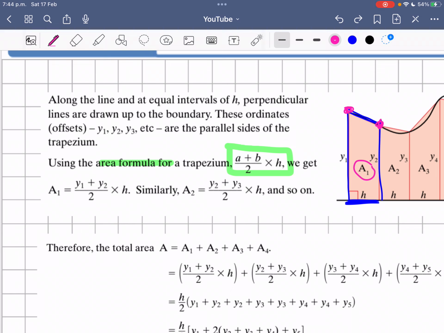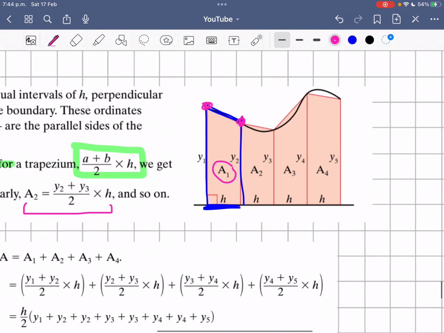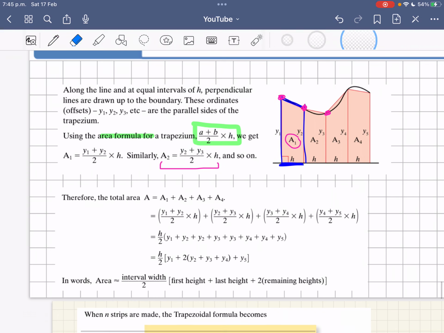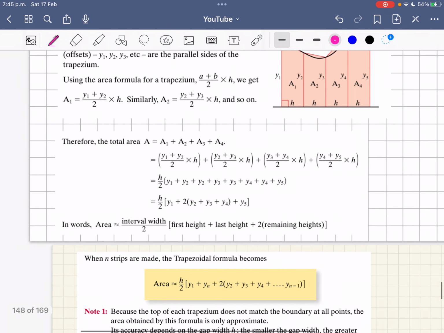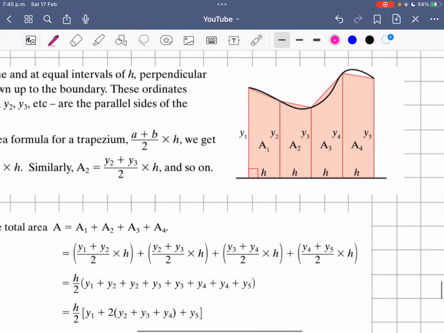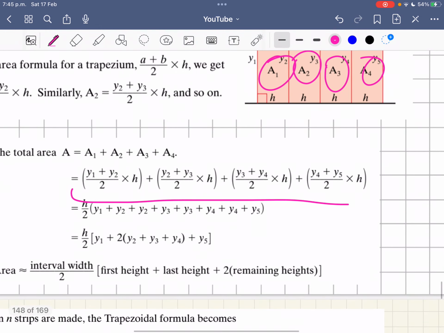Similarly, the area of the second section is y2 plus y3, over 2 and multiplied by h. So therefore the total area, okay, well that makes sense. Then with some algebra, they've done the total area there. They have 4 sections and they have done out the formula.